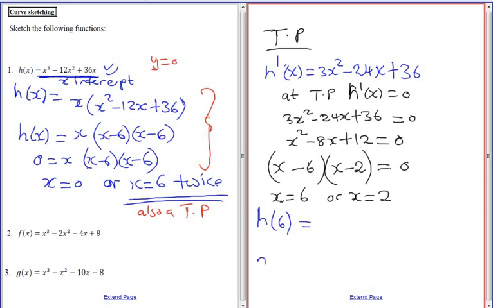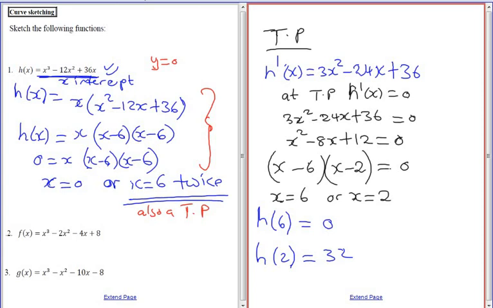So let's find out what we will get. Function of 6 will give us 0, and function of 2 is giving us 32. Okay, that should be all that we've got here.